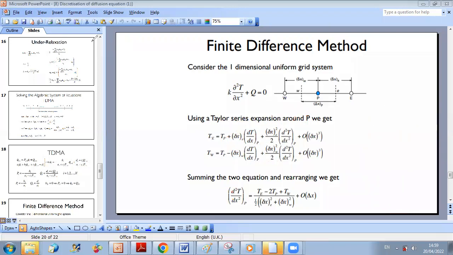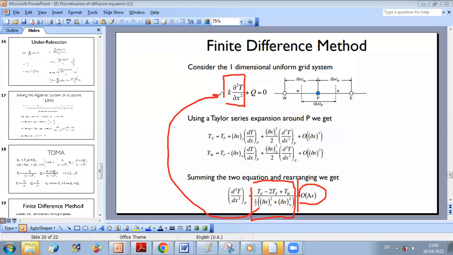Okay, so now if we replace back, if we do the truncation here, this is a first order error computation. I can replace in this equation k second derivative of T with respect to x by Te minus 2Tp plus Tw over, as we have seen, over delta x square.